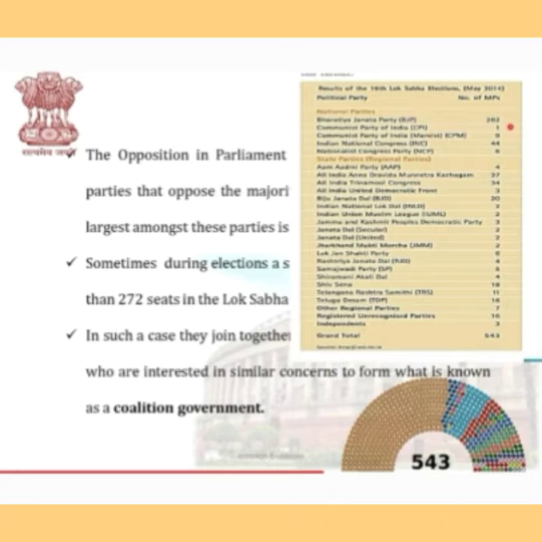Look at this table again, children. BJP has won nearly 282 seats. Next, the Indian National Congress has won nearly 44 seats. There are many other parties like Shiv Sena and Telangana Rashtra Samithi, but even so, the Indian National Congress has won 44 seats, so that will be the opposition party.